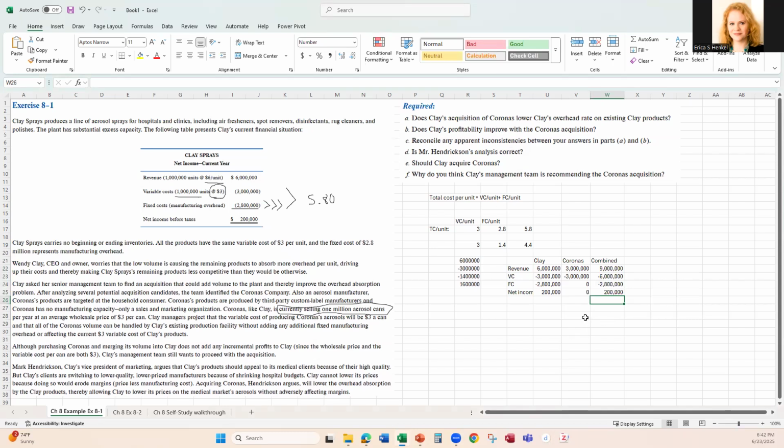If these two companies just operate the way they always have, only now we're making Coronas' stuff for them, then there's no shifting of those fixed costs. Also, what we end up with here is $9 million for 2 million units.